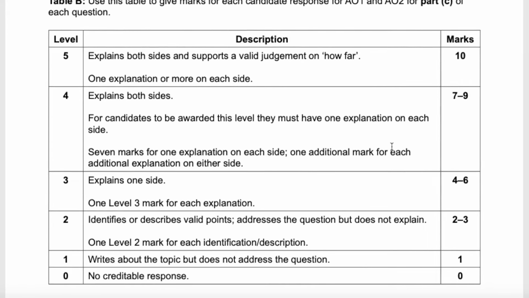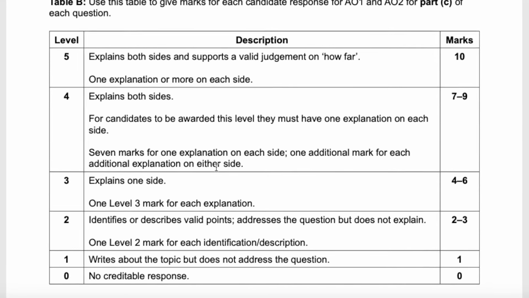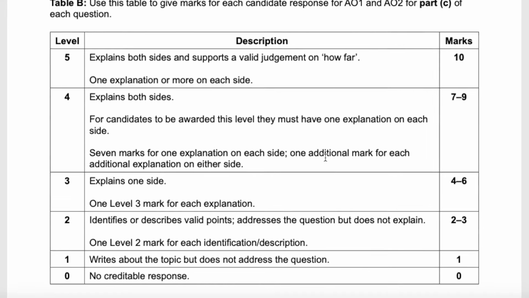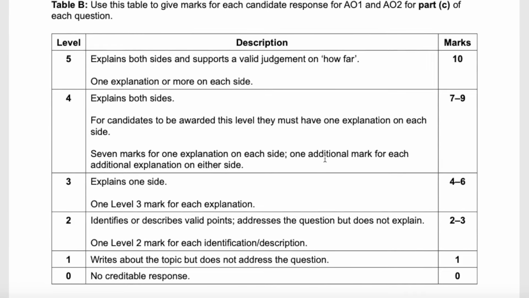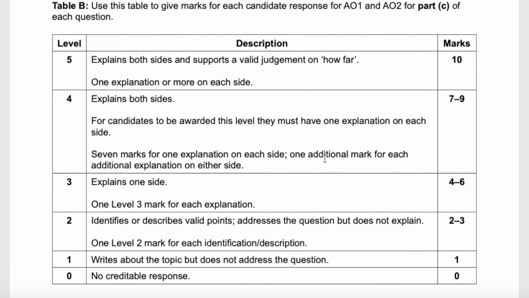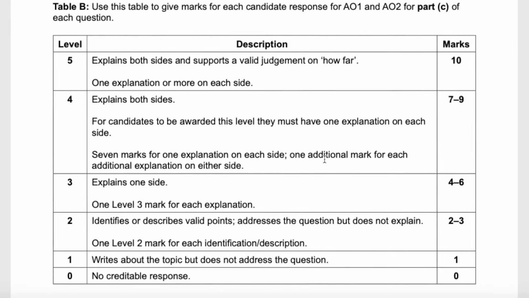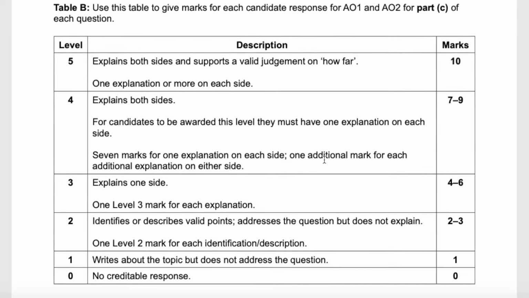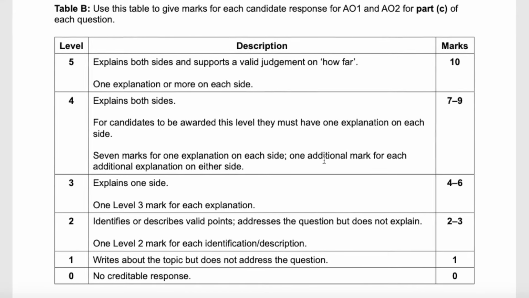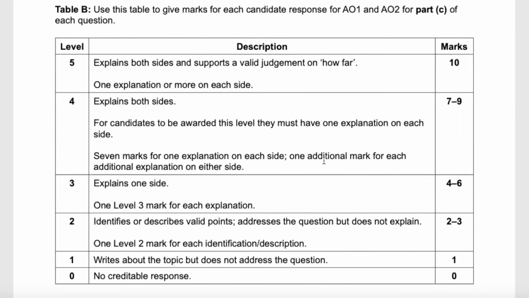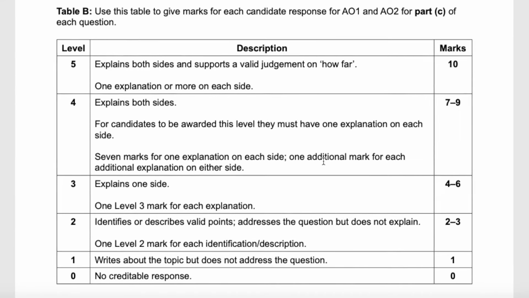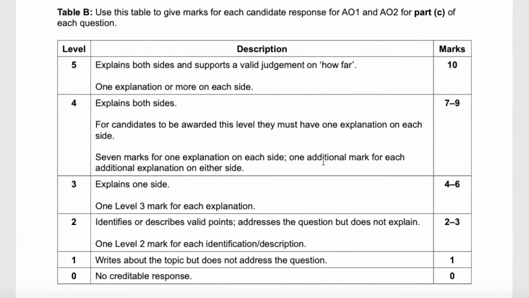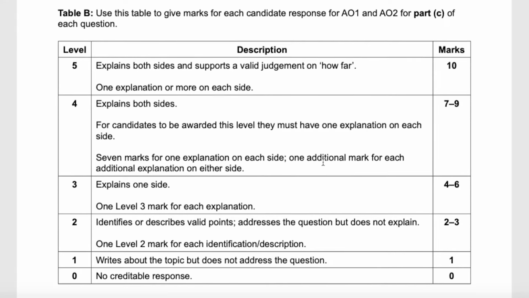So let's say you have 2 P.E.E.Ls on the pro side and 1 on the con side. By having more P.E.E.Ls, the more points you'll rack up. 2 on each side, 7, 8, 9. You have those 2 extra P.E.E.Ls, you'll get those 2 extra marks.